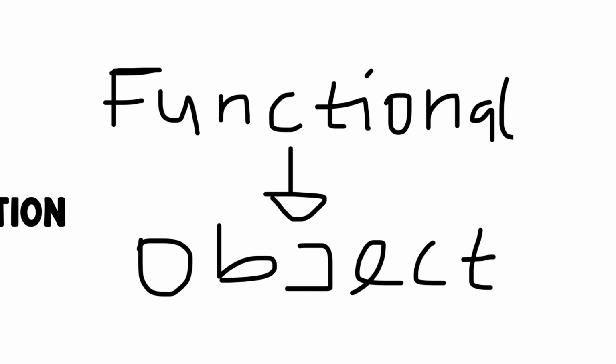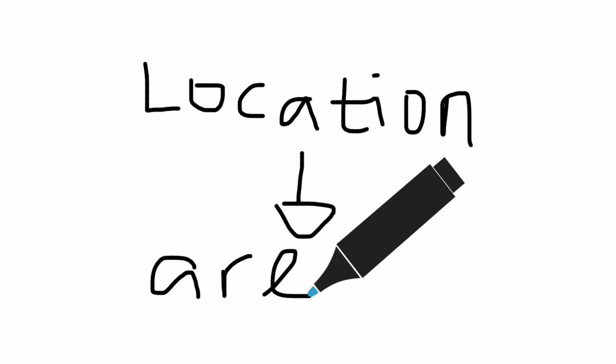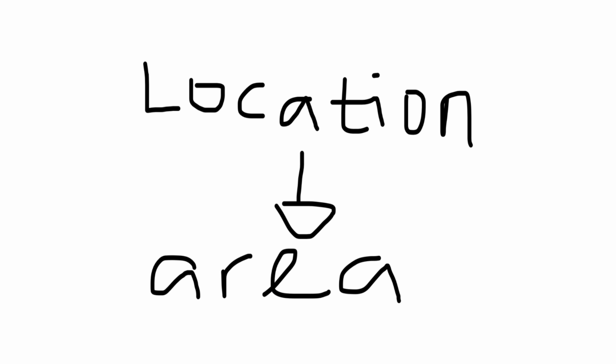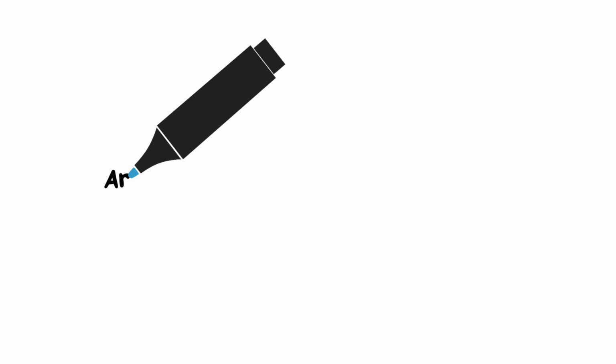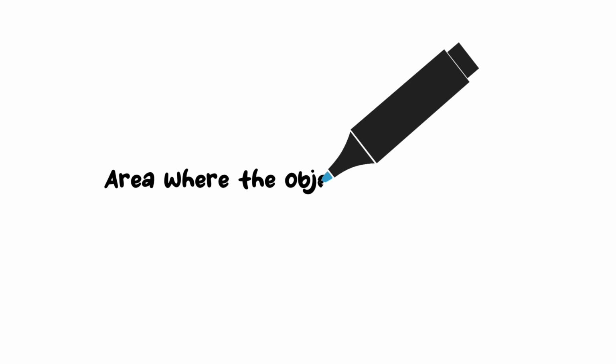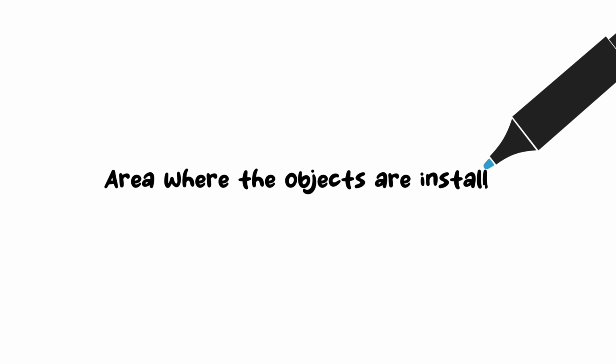The word location, we already know that when you hear the word location, we mean an area. Now, putting this broken functional location together, we have that FLOC, which is the functional location, simply put, means an area where the objects are installed.